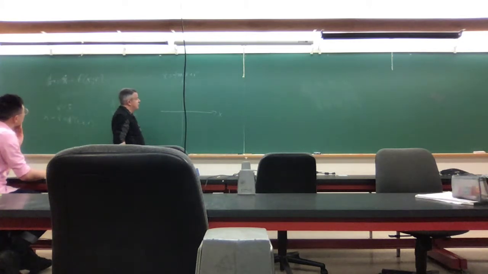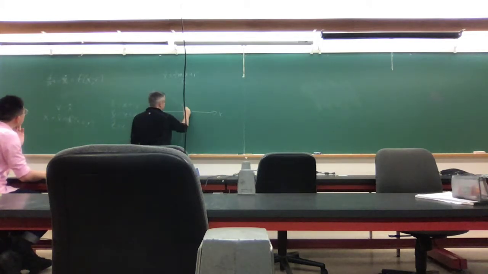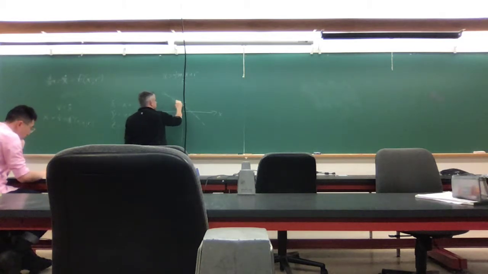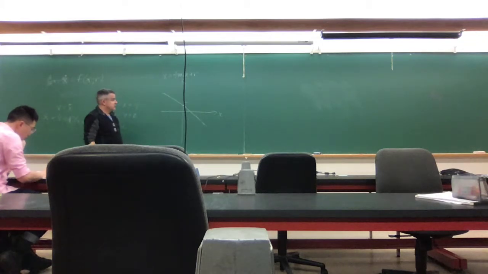Is it sloped upwards or downwards? Downwards. And we don't really know what it's going to look like, but we can imagine one looks like this. So it intersects at r, and the slope is downward. Okay. So, is there a steady state solution to this system?